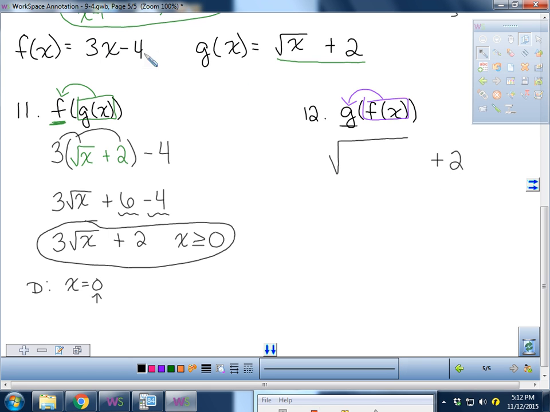So I'm going to plug in 3x minus 4, where that x was at. And I can't do anything else because 2 is on the outside of the square root, so there's nothing to combine with it. But I need to think about what would make this equal to 0 underneath. Remember, it can be 0, but it can't be negative. So for the domain, let's set this underneath part equal to 0.